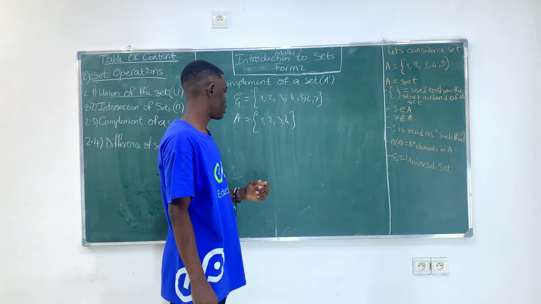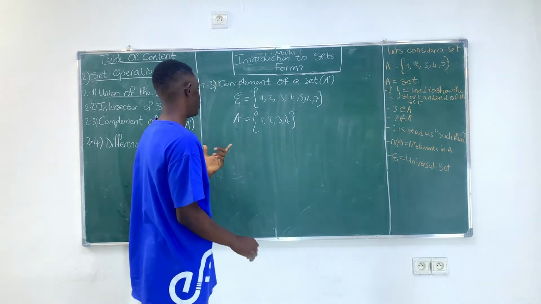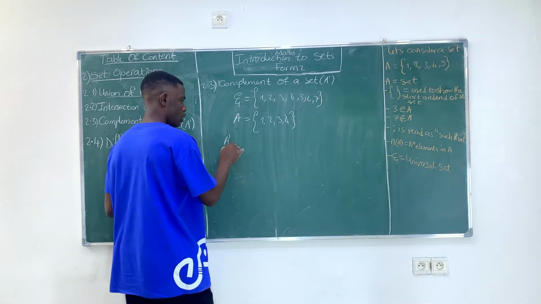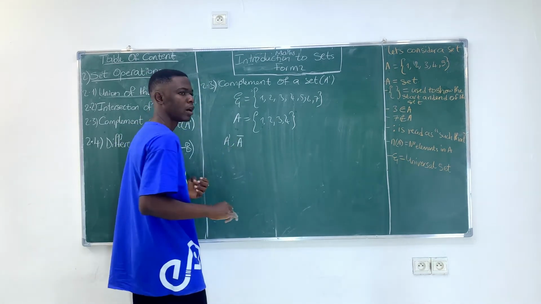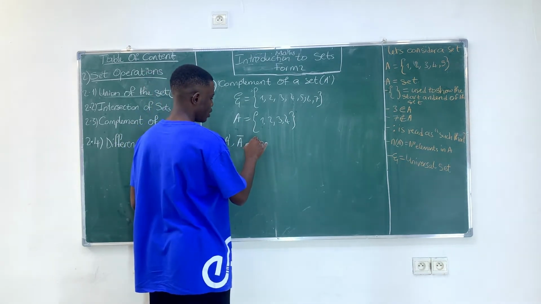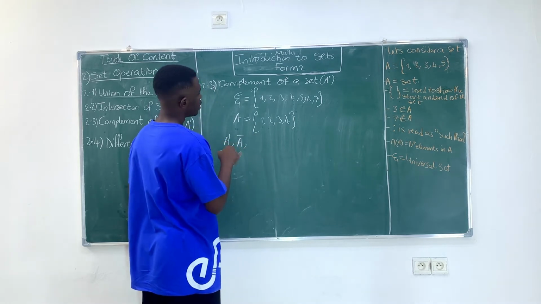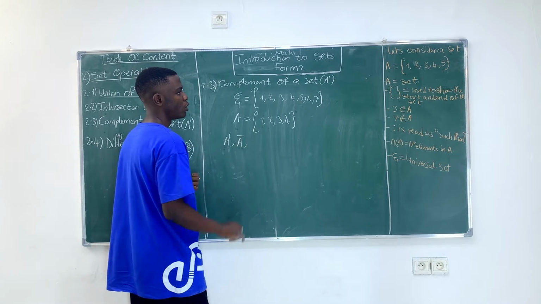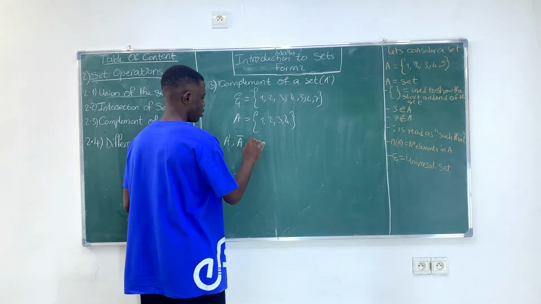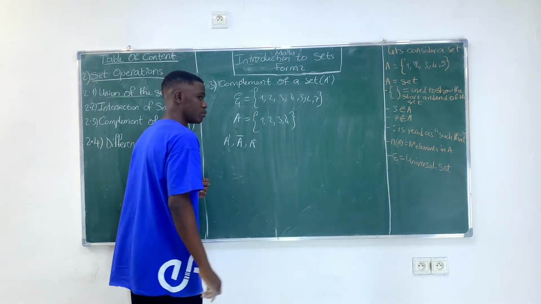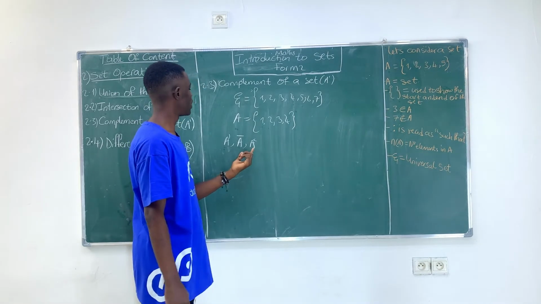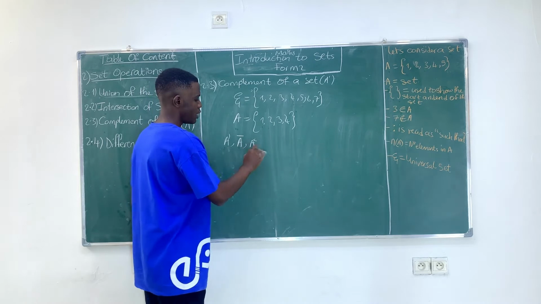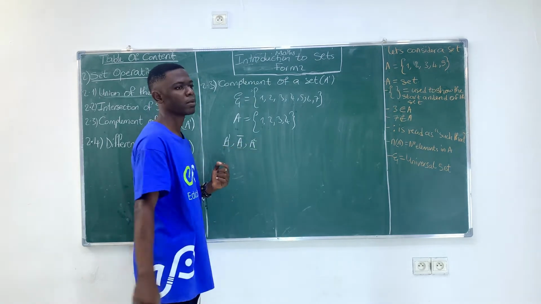The complement of A is represented as A complement, A bar, or not A, or A prime. So you call this A complement, A bar, or A prime.